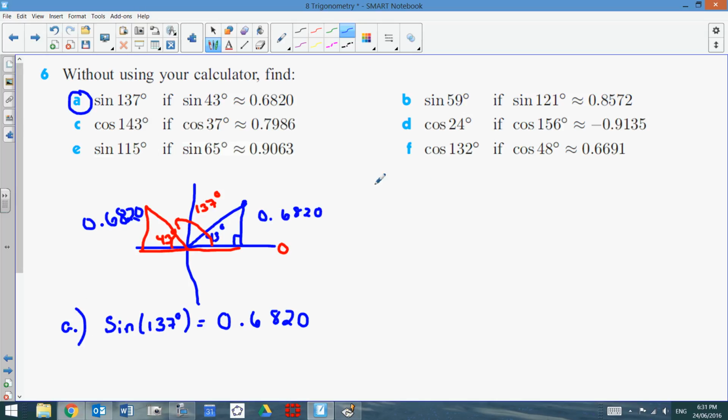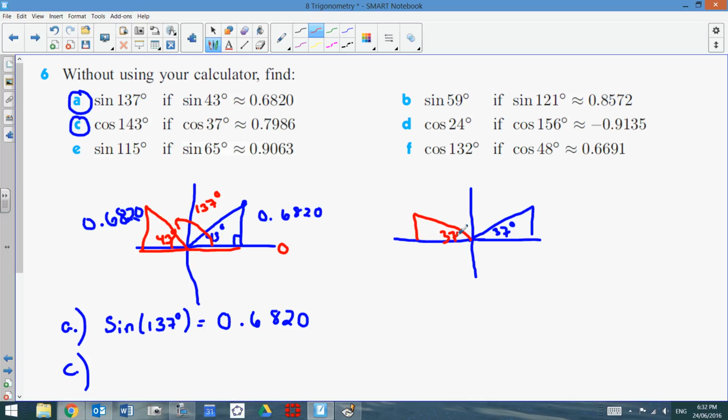However, if I take a look at something like, let's say, cosine, let's look at C. Okay, cosine of 143 degrees. So let's see, I'll make a new diagram. They want me to figure out what cosine of 143 degrees is when they give me cosine of 37. So here's 37. And now I'm going to 143. So I'm going over here to quadrant number 2. Same exact triangle.